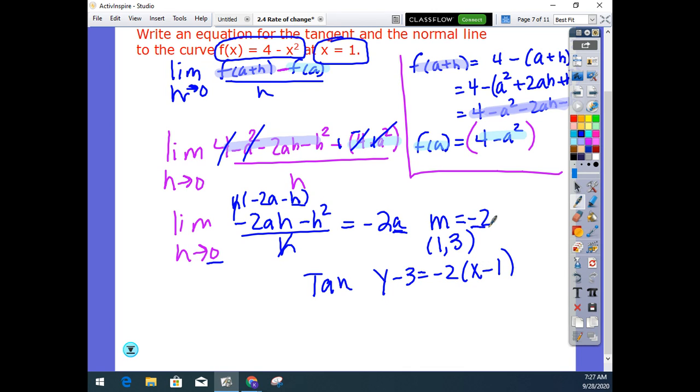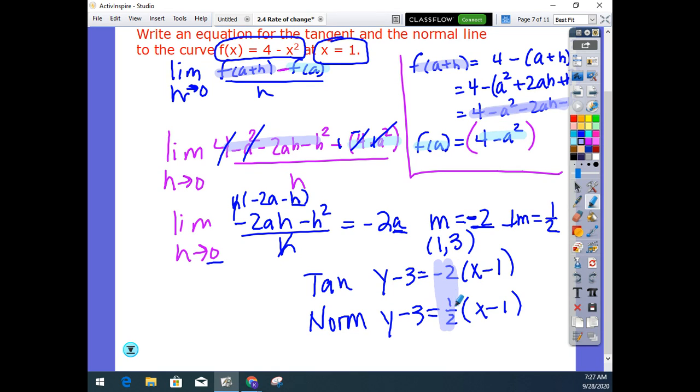Now, if this is my tangent, what's my perpendicular? Positive, the opposite, reciprocal, 1/2. So now my normal is y minus the y equals the perpendicular slope times x minus the x. Notice the only thing that changes at the tangent and normal is the slope, because I'm looking for it at that point.